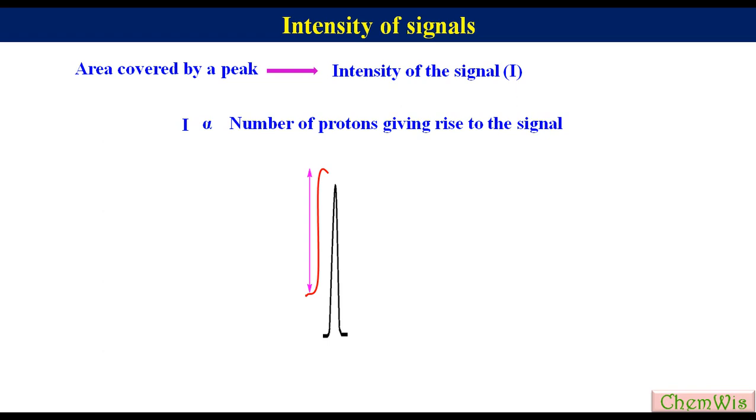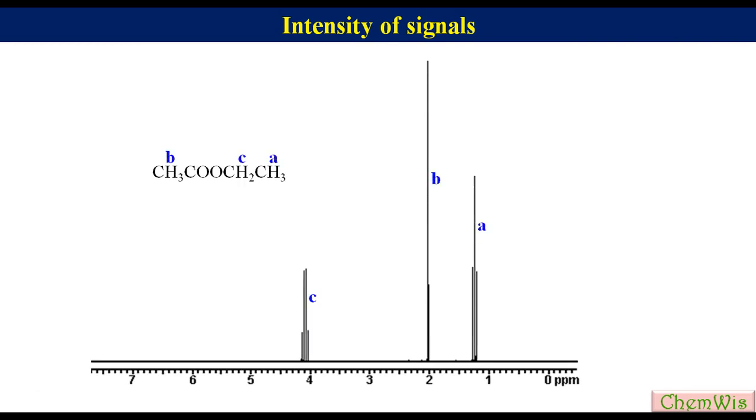So you cannot get the idea of exact number of protons giving rise to the proton NMR signal by just seeing their relative intensities.